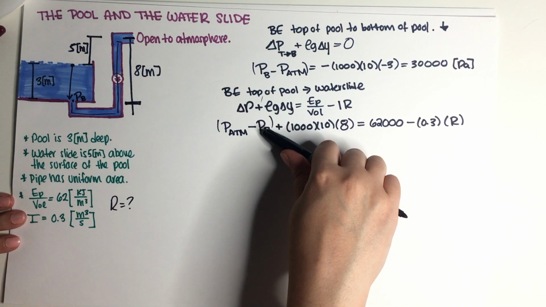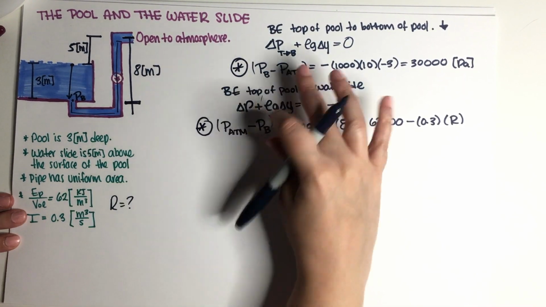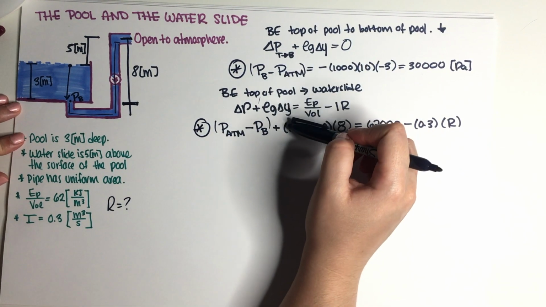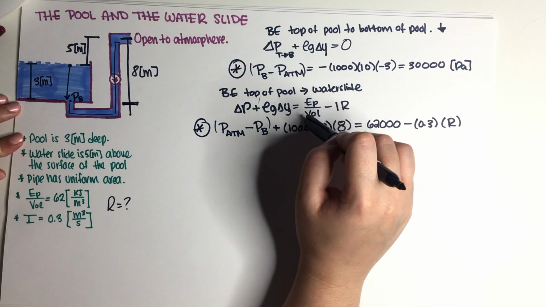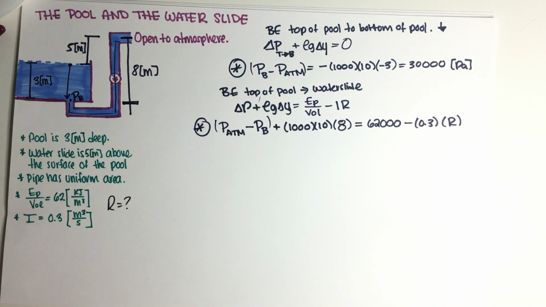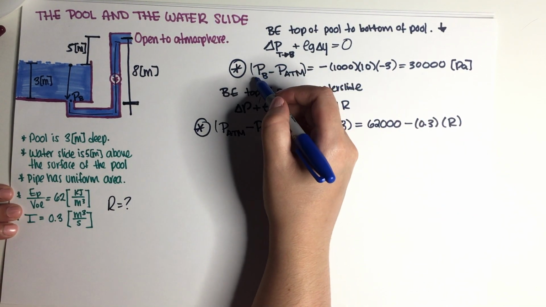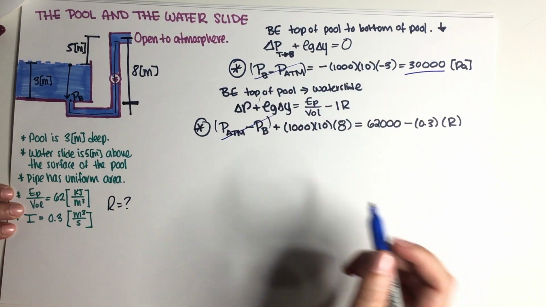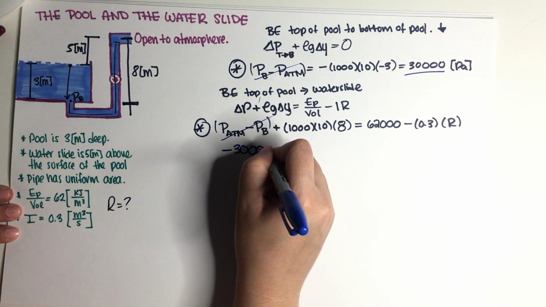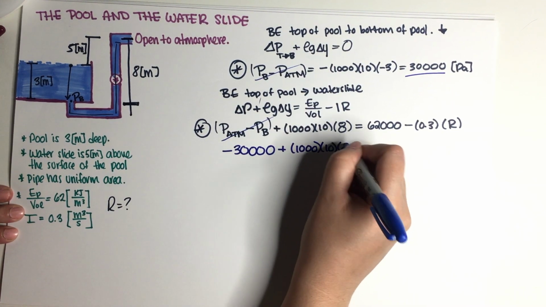But luckily enough, since I have this equation over here and I have this equation over here, and these two are kind of like opposites to each other, if I add these two equations, I'm basically going to be able to solve for R. So if I add these equations, these two cancel out, and this is just equal to negative 30,000 plus 1,000 times 10 times 8.